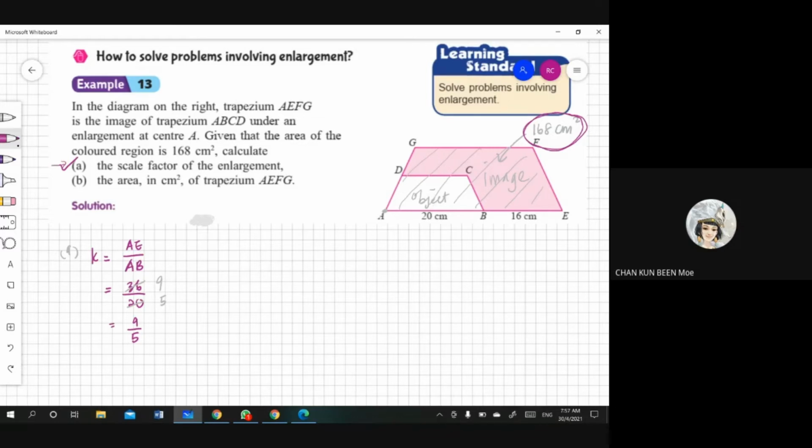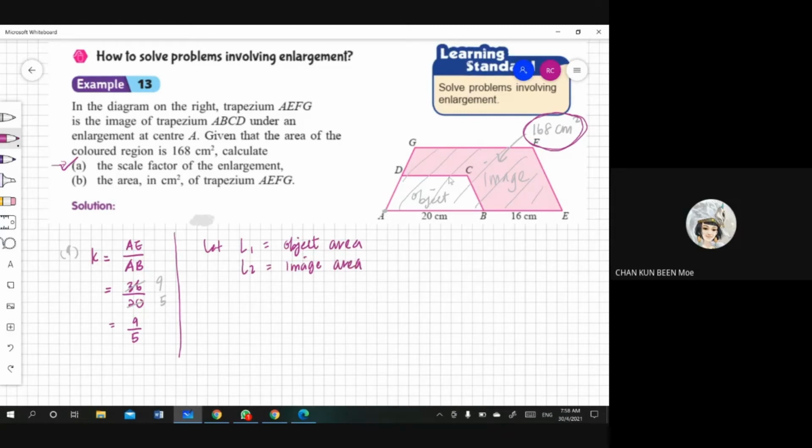Okay, I write down now. In the book, they make an assumption for you. Let L1 equal the object area, and then let L2 equal the image area.